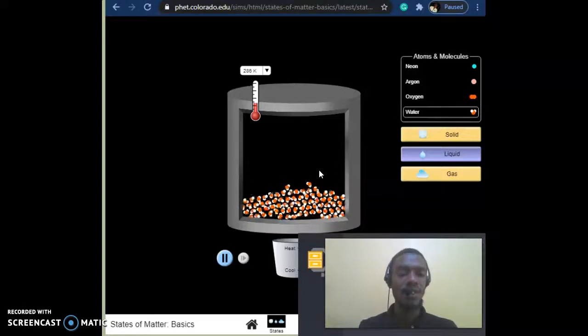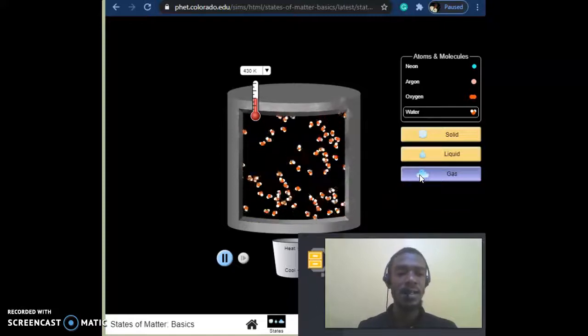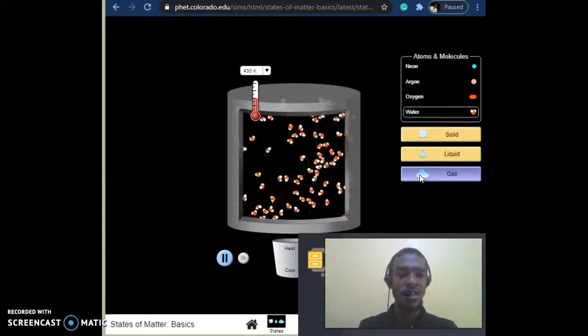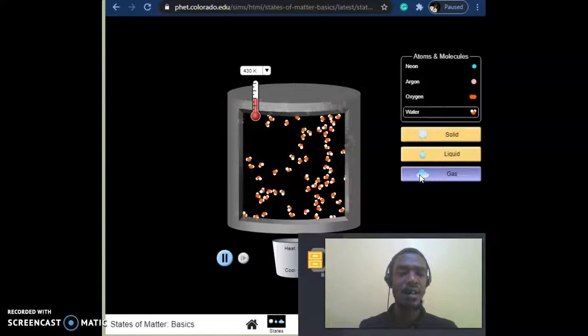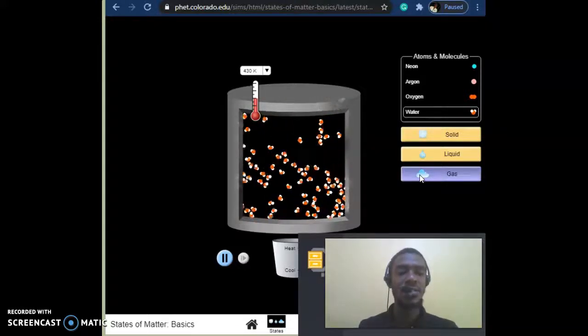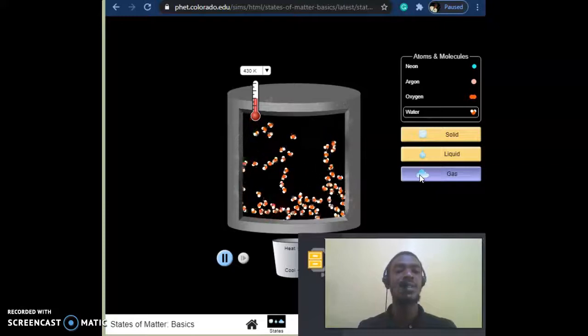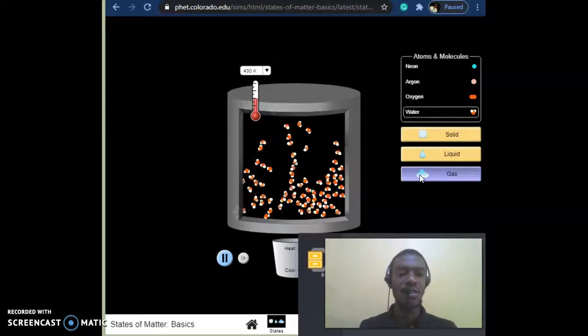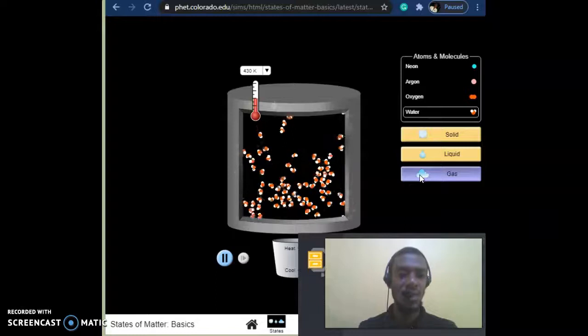The force of attraction is weaker, so the particles vibrate much more than in a solid. While in gases, the force of attraction is very weak, so the particles are free to vibrate rapidly and they move a lot because the space between them is larger and the force of attraction is smaller.